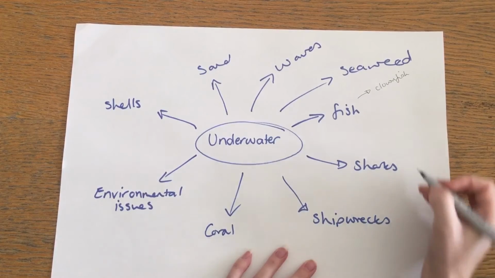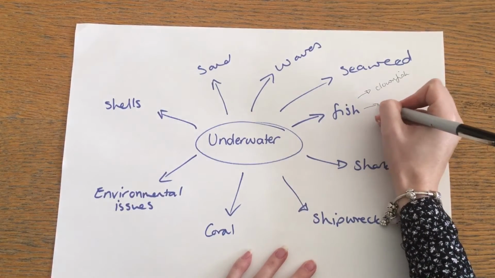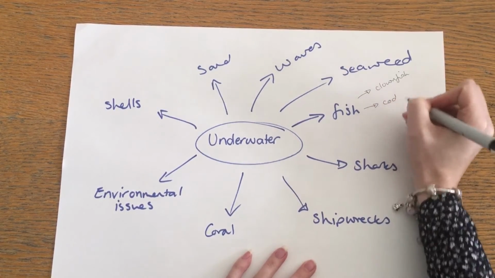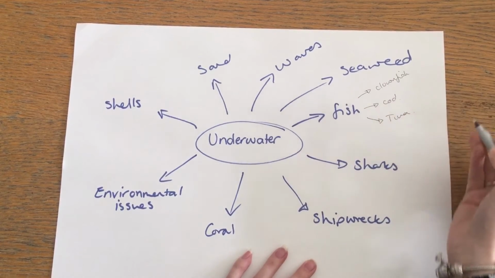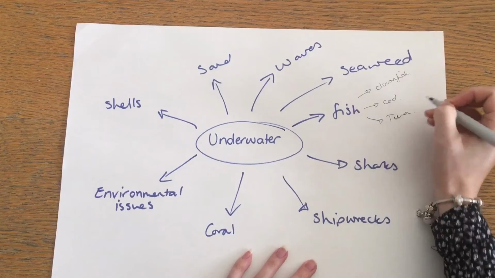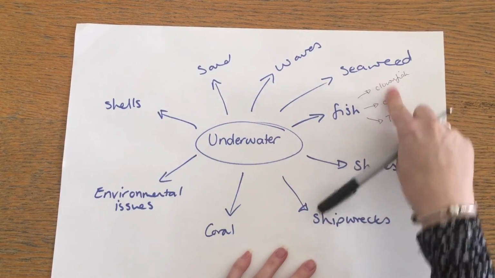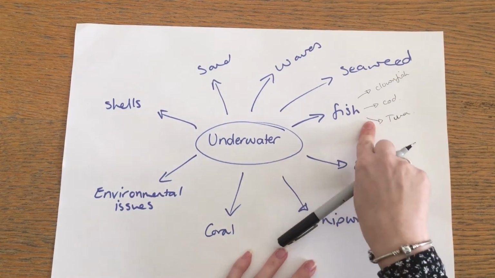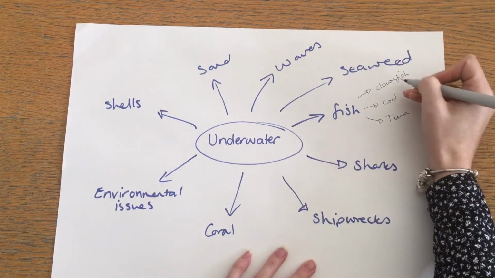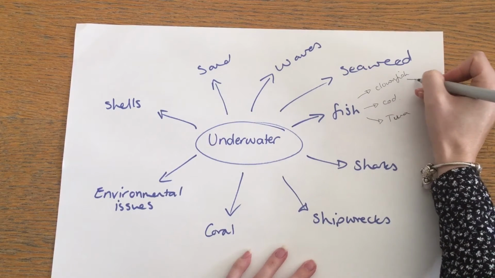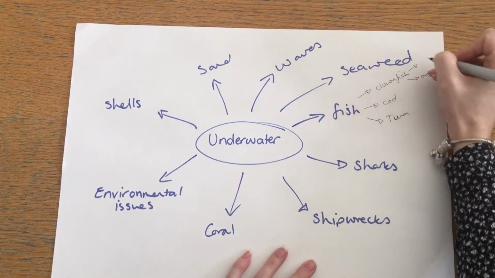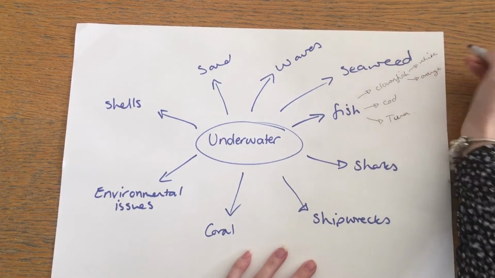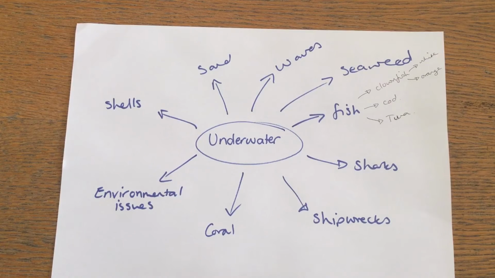So it might be clownfish, you could have things like cod, tuna, etc. So you go through a list of different ones, so try and expand on it as much as possible. You could even expand further. So if you've got a clownfish, you could say that you've got these that are orange and white. So try and expand on it as much as possible.